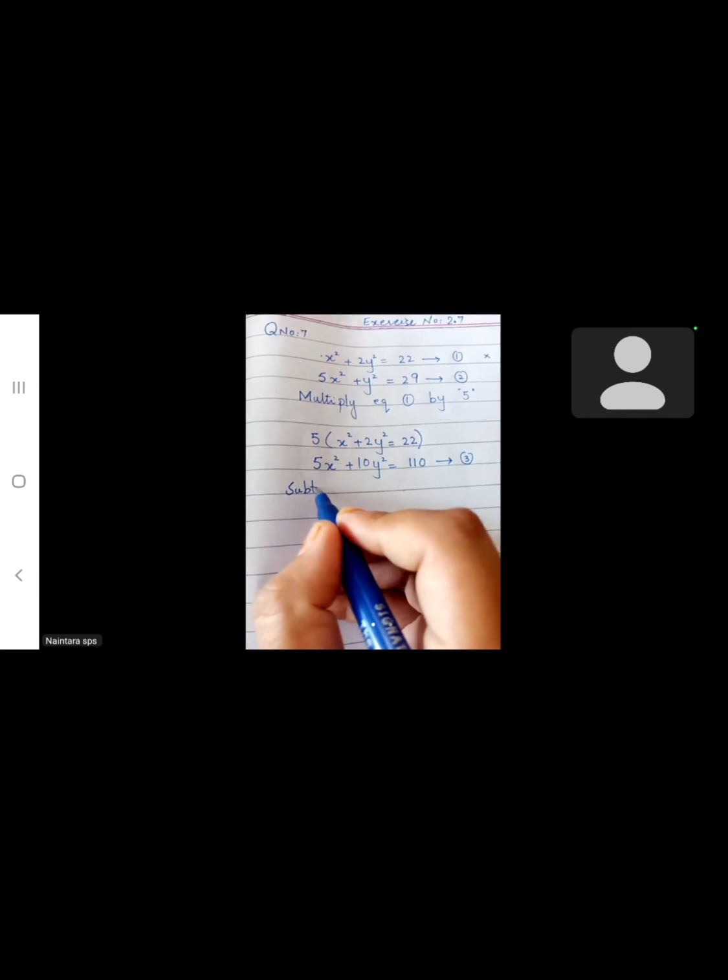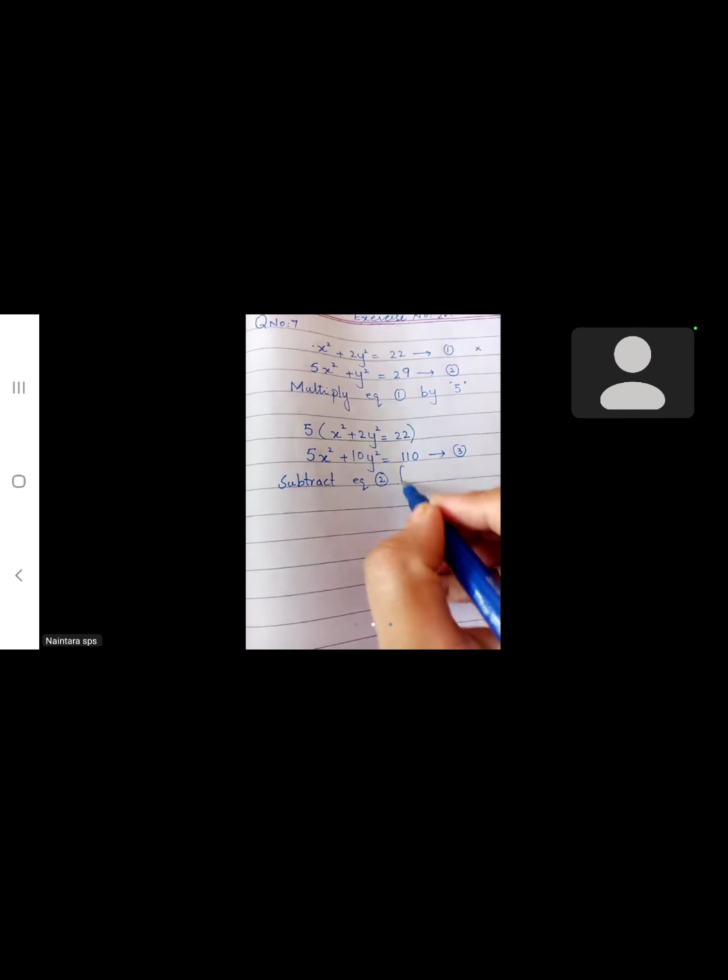Keep remembering, whenever the coefficients have the same signs and you are using the elimination method, you are going to subtract or add according to their signs. When the signs are the same, then you will subtract. Here you will subtract the smaller equation, equation number 2, from the bigger equation, equation number 3.